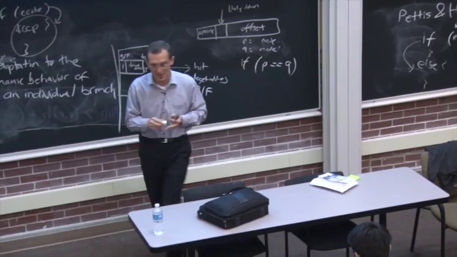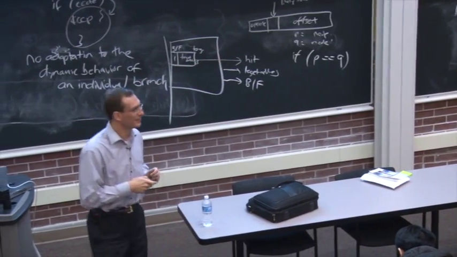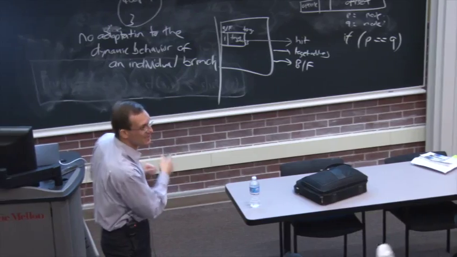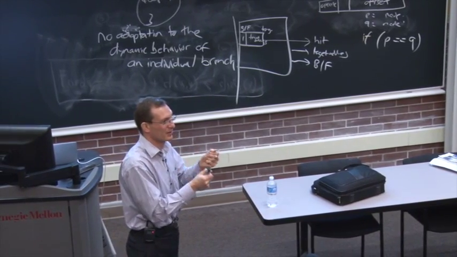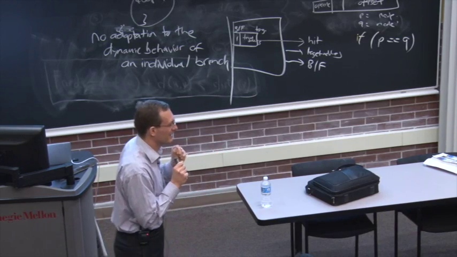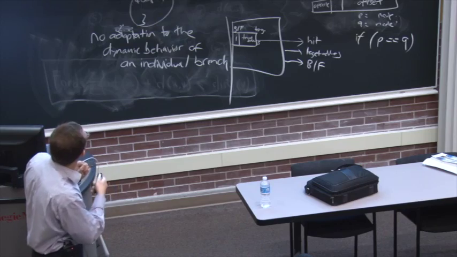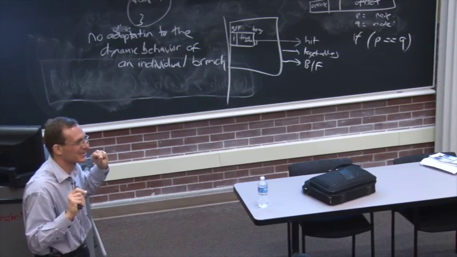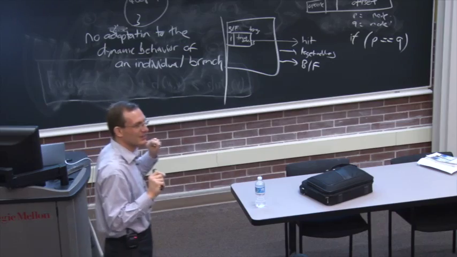And again, this is encoded as likely not taken. Similarly, floating point comparisons are likely not equal. When you compare two floating point values, they're likely not equal. Make sense? There are a bunch of other heuristics. These are some of the interesting ones I thought that I would share with you.